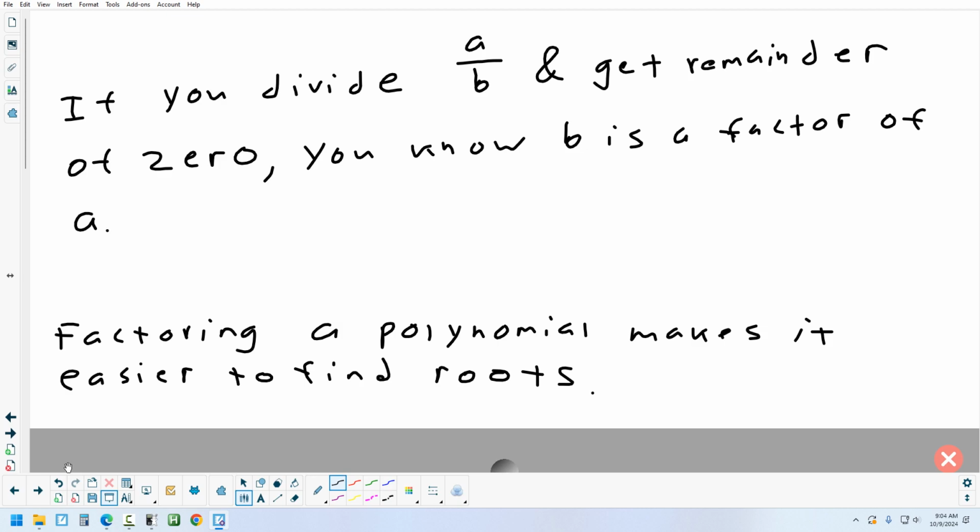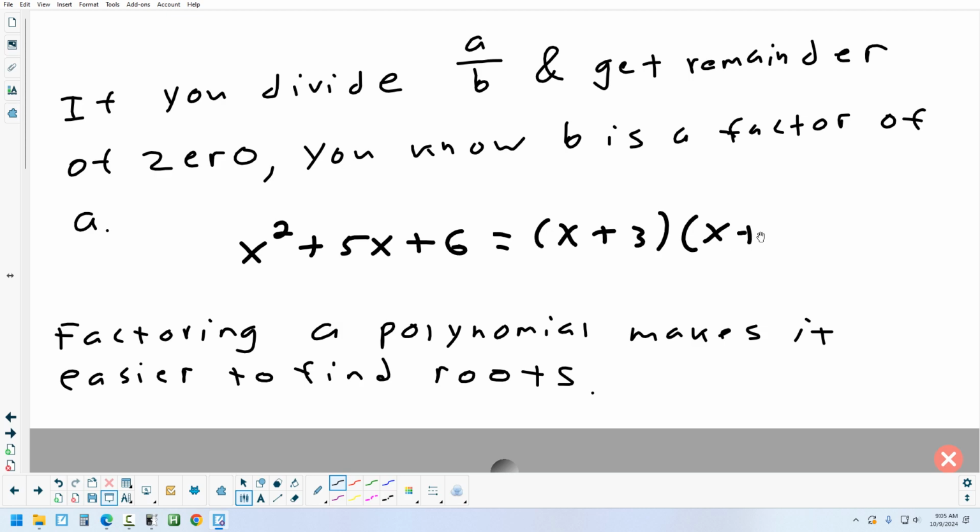So the reason why we want to know how to factor something and figure out whether something is a factor or not a factor is because then I can take a problem like this. And as long as I know how to factor it, I can quickly turn it into this. Now, looking at that, I can tell you my two zeros very quick.